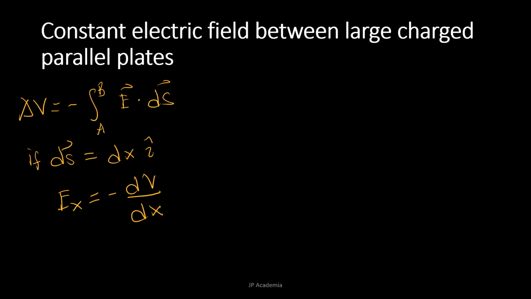For the case of a constant electric field, for example, a parallel charged plate, the potential difference between 2 points with distance x is just delta V is equal to E, the electric field, which is a constant, times x, which is the distance.